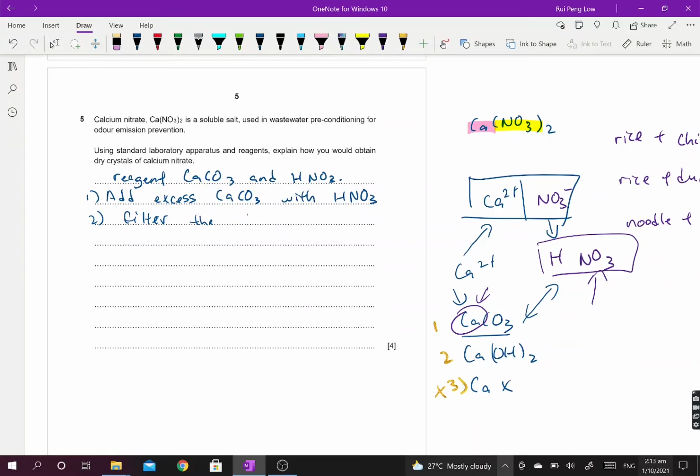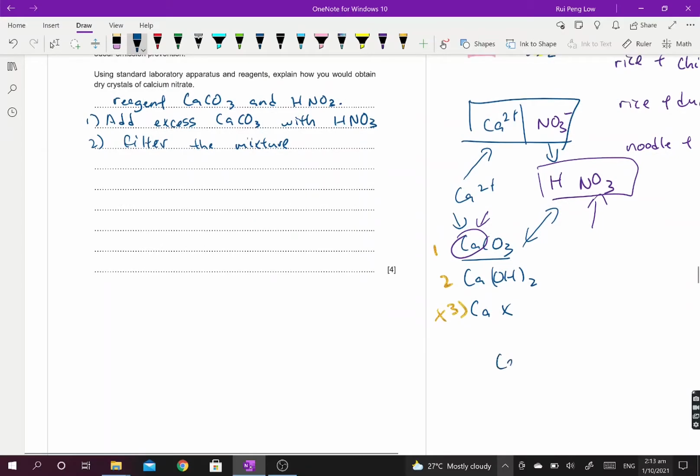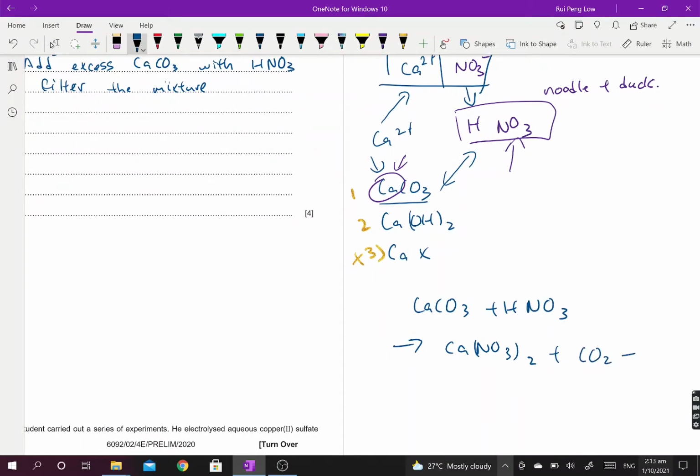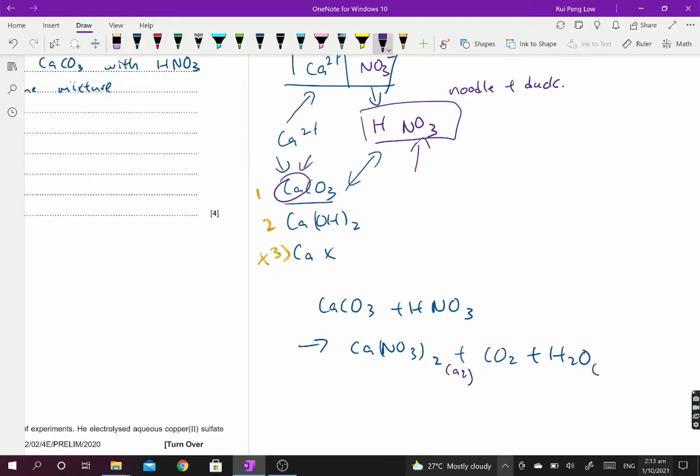So you filter the mixture of these two added together, which actually when these two come together, CaCO3 plus HNO3 should give you Ca(NO3)2 plus CO2 plus H2O. Now this one here is aqueous, and this one here is a liquid. This is a gas, so it will escape.